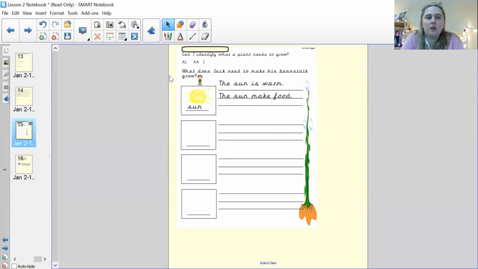Let's look at the following examples. Here you go. So here, they need sun, don't they? So you could draw a sun and write the word sun. And then the sentences that we've written next to the word sun are: the sun is warm, the sun makes food. So you can write the same thing for all of the rest of the five things.